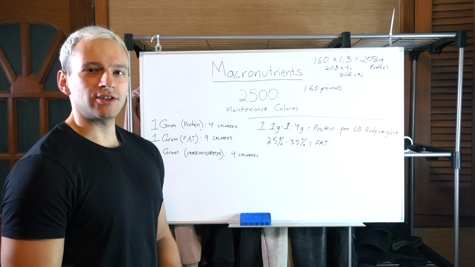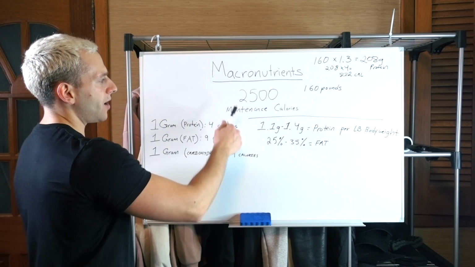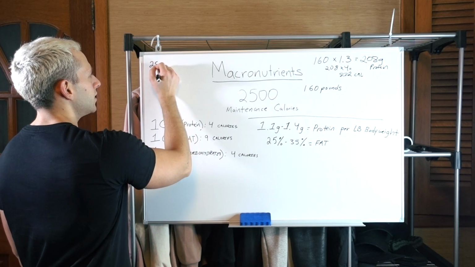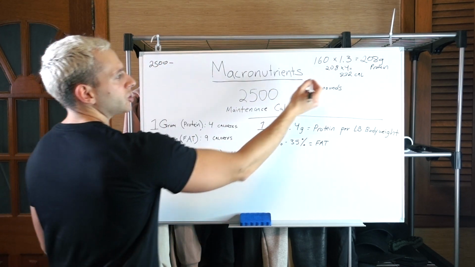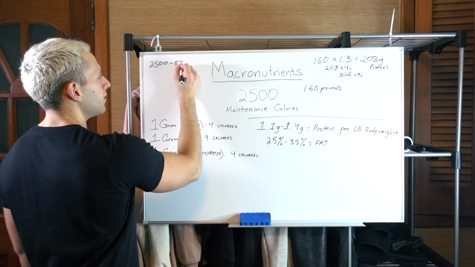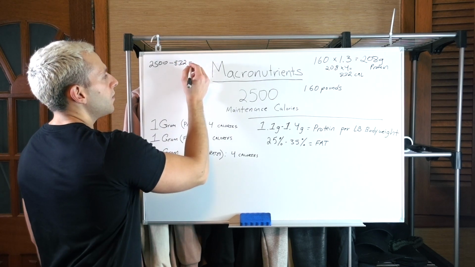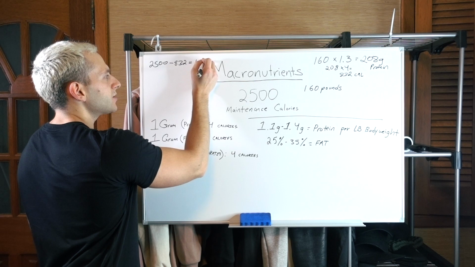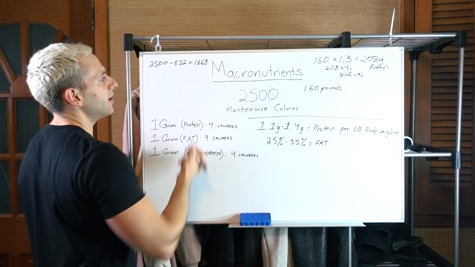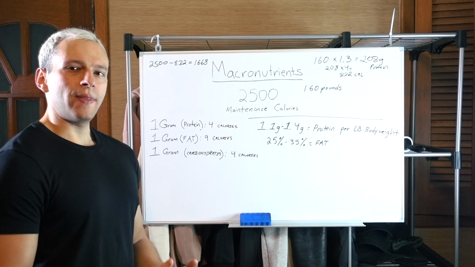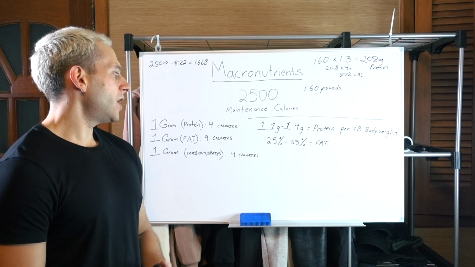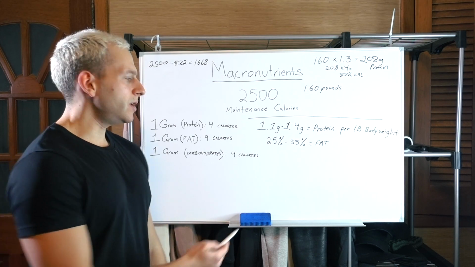Now that we know how many calories are coming out of our protein, we're going to take our calories, which are 2,500, and subtract 832 calories, which is going to equal 1,668 calories left.